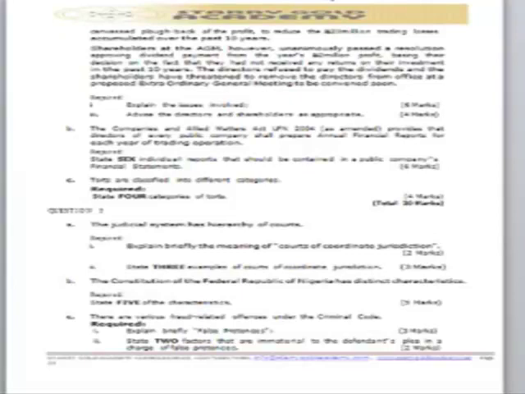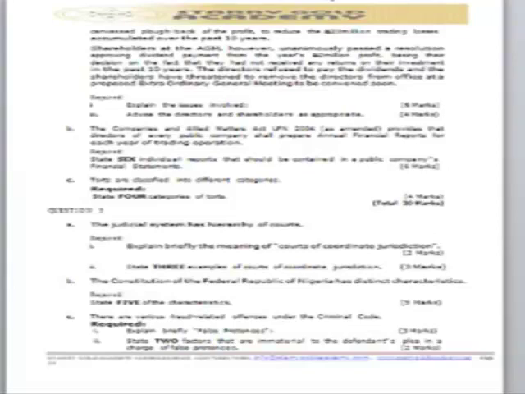Explain the issue involved. So we have the issue involved in this. Based on the position of the law, dividend is a privilege, it's not a right. So if we are to explain that, that's why I say you have to read again and again to understand what the scenario is all about. Of course, the board of directors have the right to declare dividend.